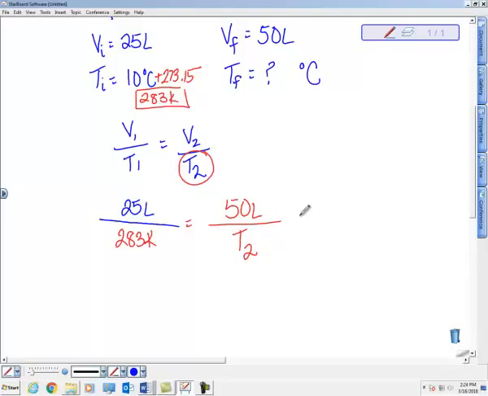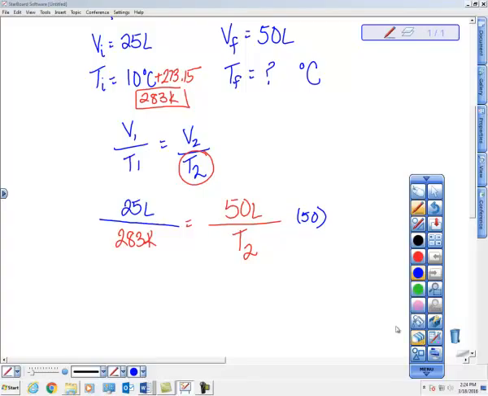A lot of students, their knee-jerk reaction when they're trying to solve for T2 is, I'm going to multiply by 50. Do you realize if you multiply by 50, you're actually taking 50 squared? You're creating 50 squared on the numerator if you go 50 times 50 over here. That is the incorrect way to solve.